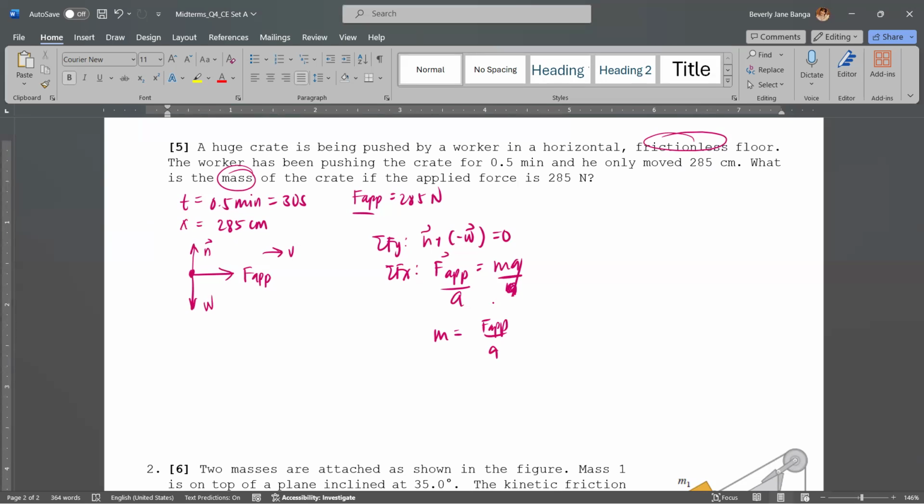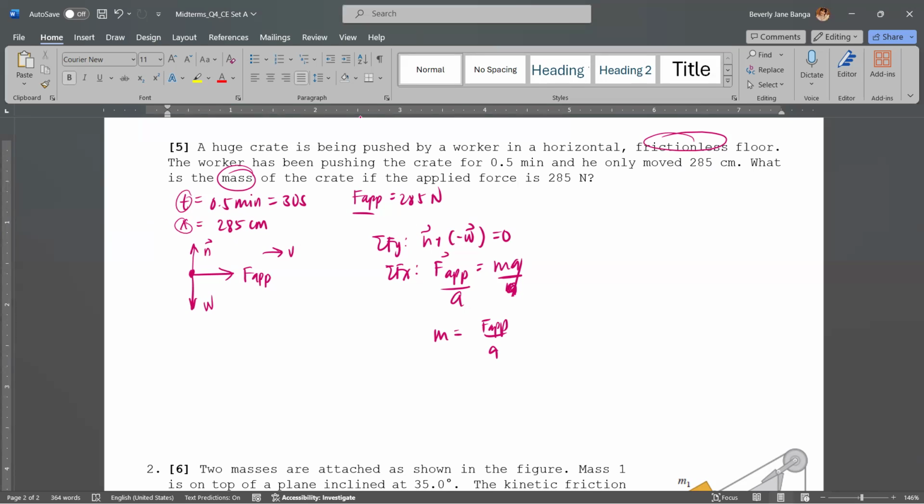Now, we don't know the A. So where do we get the A? What you have is t, you have x, and that's all we know. But based on the problem, your huge crate is being pushed, and initially the crate must have been at rest.